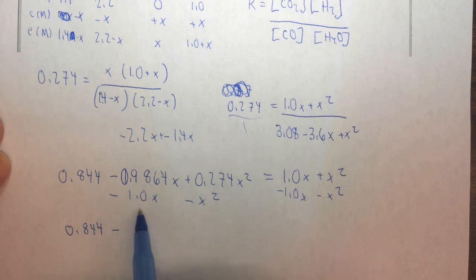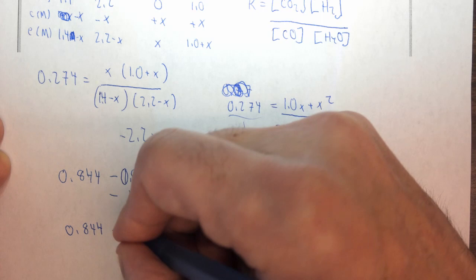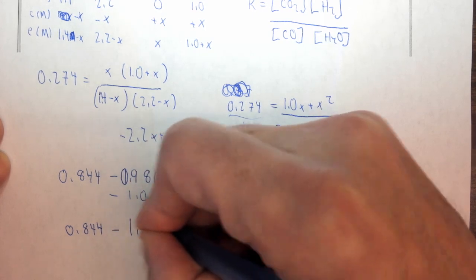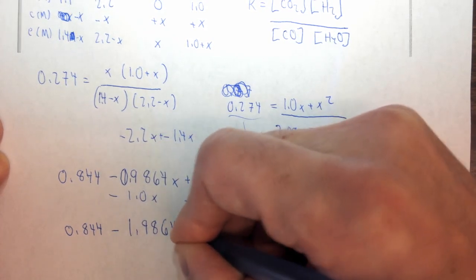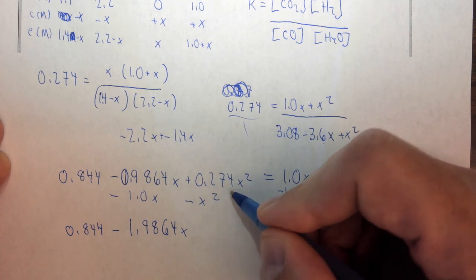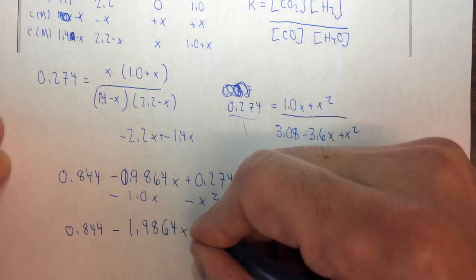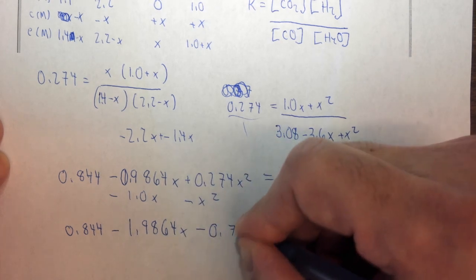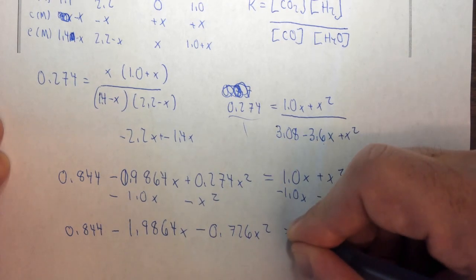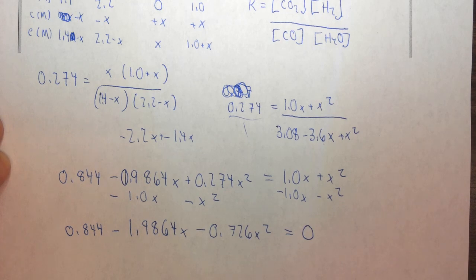It's not until we subtract the 1x that we get minus 1.9864x, and then 0.274 minus x squared is equal to negative 0.726x squared, and now this is all equal to 0.